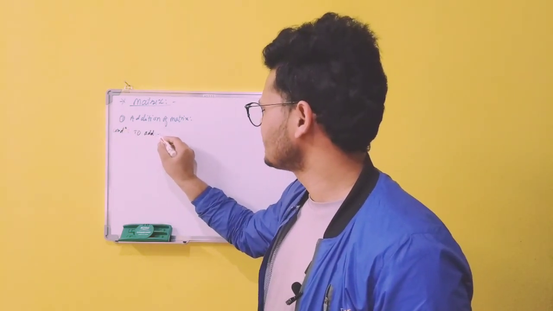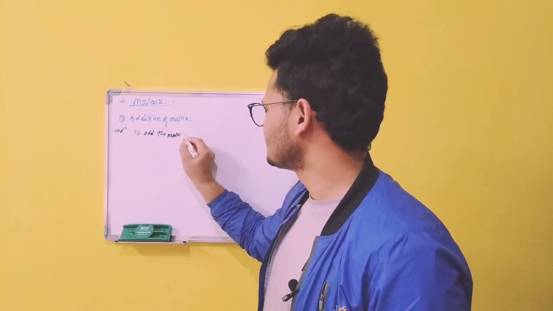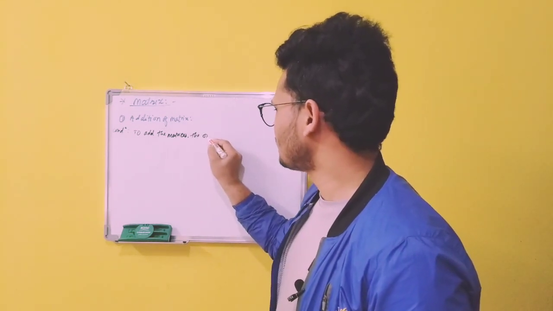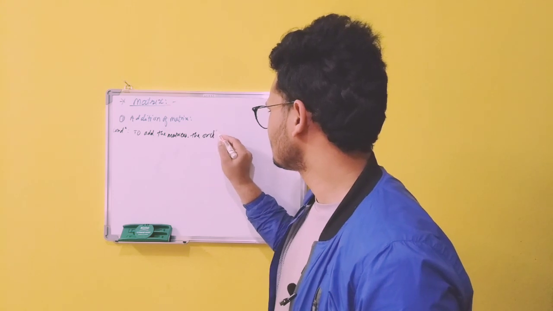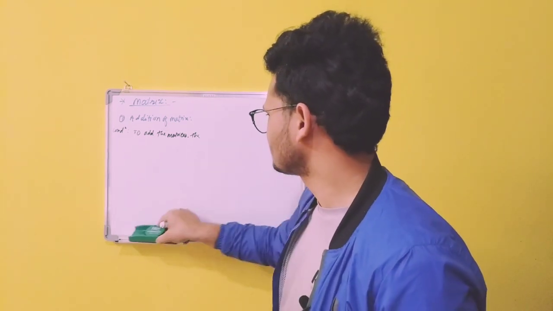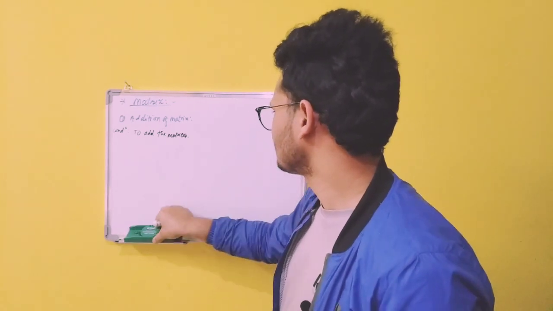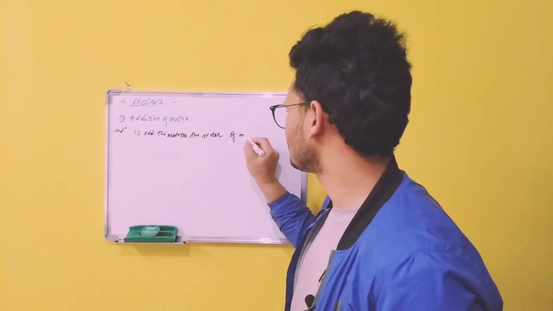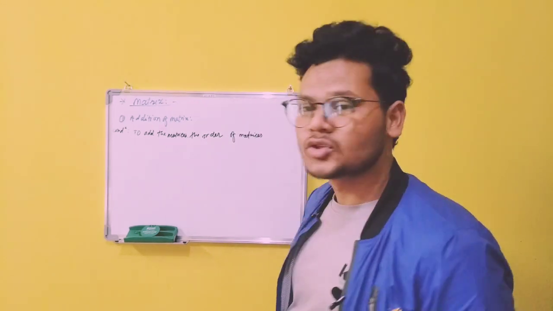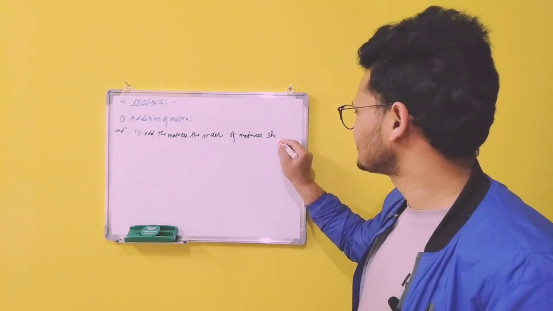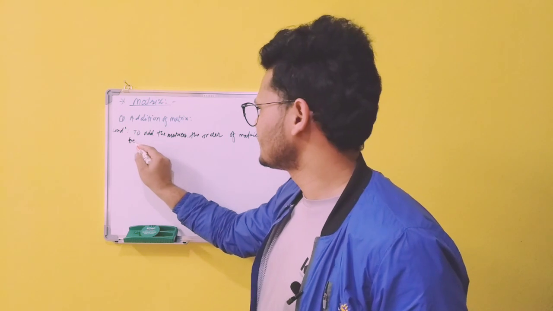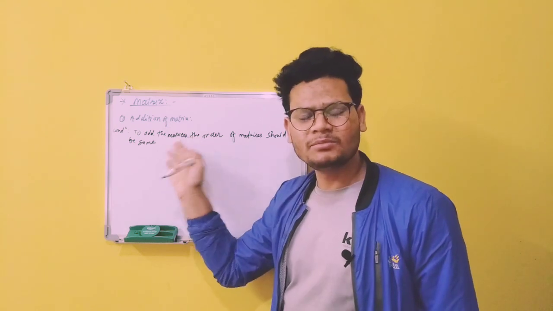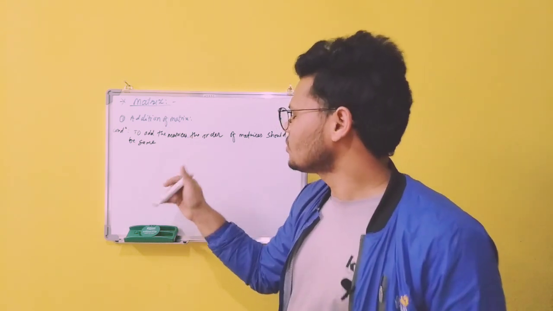To add the matrices, the order of matrix should be same. The order of matrix should be same. Okay, to add the matrix, the order of matrix should be same. This is the simple condition, common condition to every matrix. So here let us take an example.